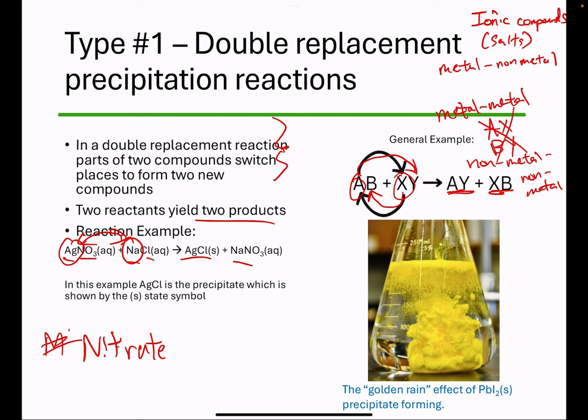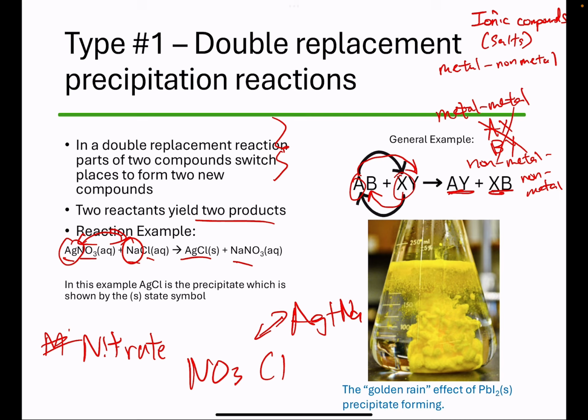You're not going to see NO3 bonding with chloride, or you're not going to see Ag bonding with sodium in this case, and that's because between the metal and non-metal, they do have a greater attraction than between metal and metal or non-metal and non-metal.